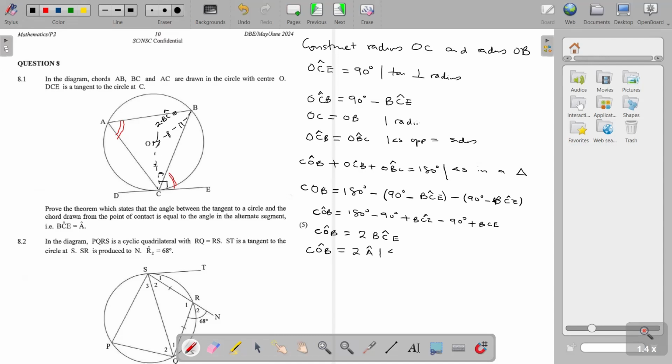Angle at center is equal to 2 times angle at circumference.